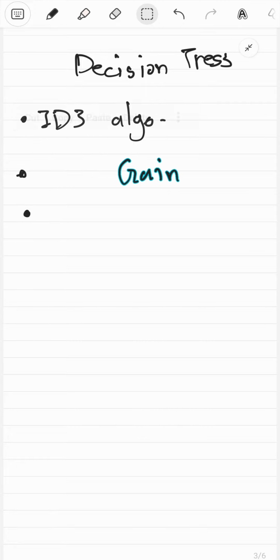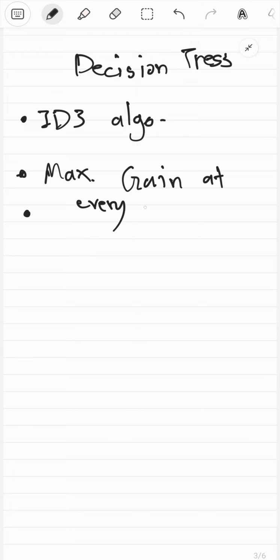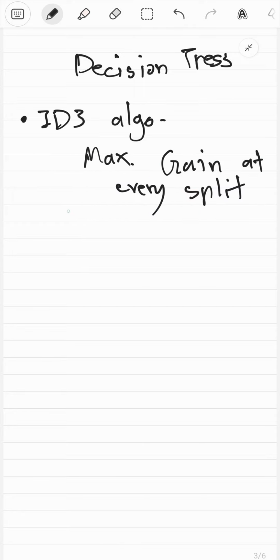So maximize gain at every split. That's the whole idea of the ID3 algorithm.